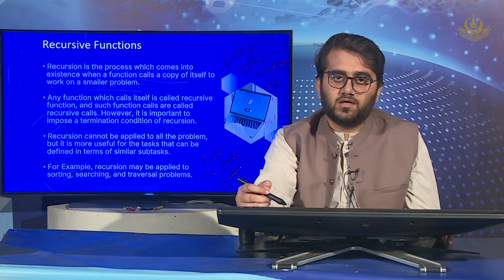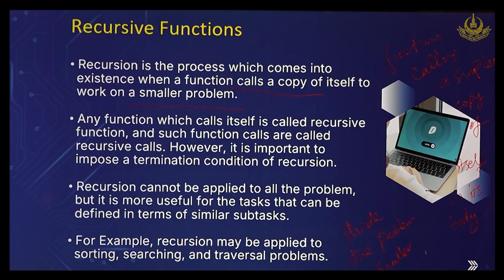It does it in this way. Function 1 would call itself, and if you are calling it function 2, then function 2 would call itself. Function 3 would solve a specific part of the problem, function 2 would solve another part of the problem, and function 1 would solve all of the remaining problem.